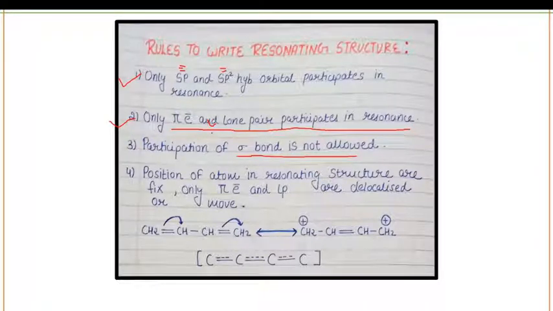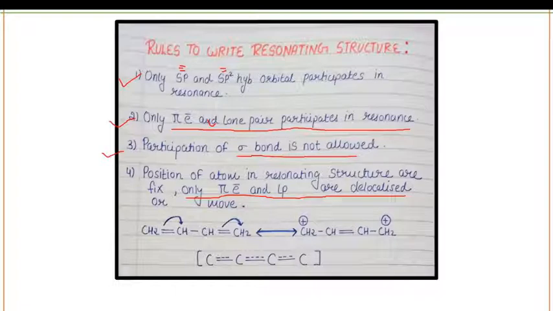Okay. Fourth point says the position of an atom in a resonating structure is fixed. When you draw the resonating structures for a compound, the position of an atom will always remain the same. Only the pi electrons and lone pairs will be delocalized.